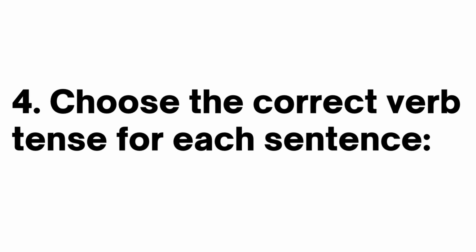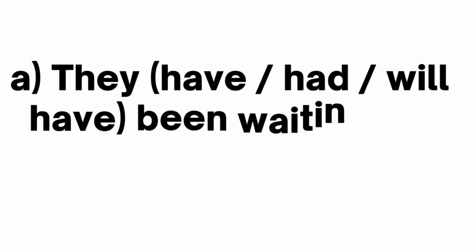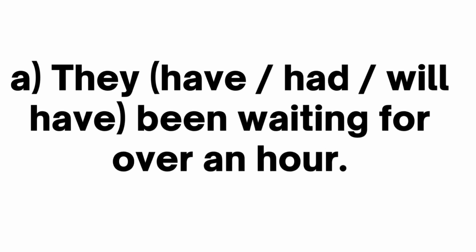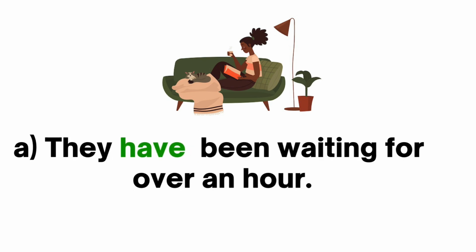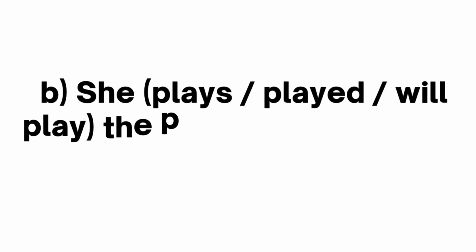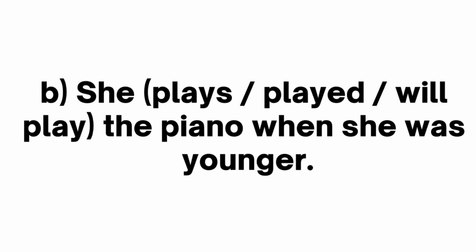Choose the correct verb tense for each sentence. A. They have, had, will have been waiting for over an hour. B. She plays, played, will play the piano when she was younger.